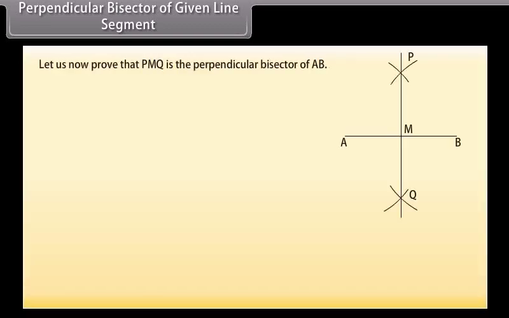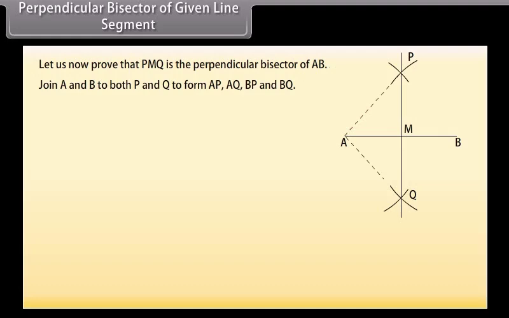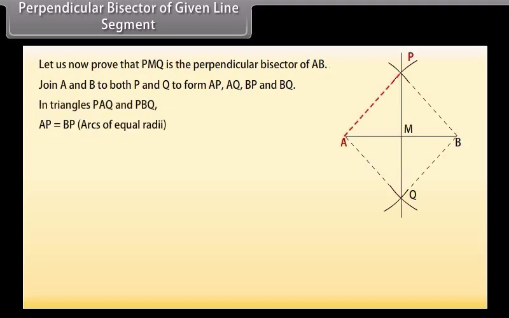Let us now prove that PMQ is the perpendicular bisector of AB. Join A and B to both P and Q to form AP, AQ, BP and BQ. Now in triangles PAQ and PBQ, AP is equal to BP because these are the arcs of equal radii.